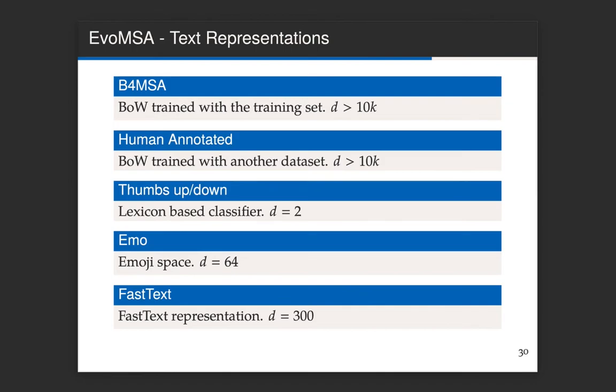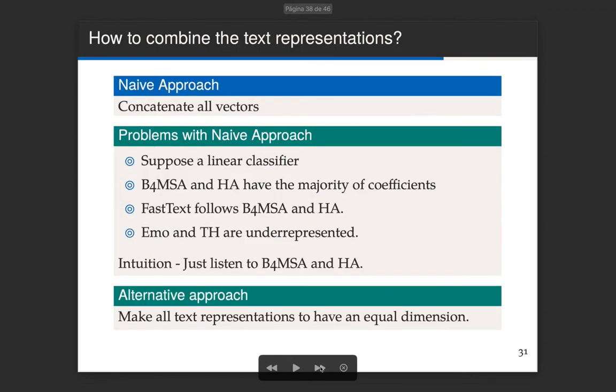So how can we combine all these representations? Well, the naive approach is just to concatenate all the vectors. But let me talk about this naive approach. Suppose we use a linear classifier. Then the bag of words models and the human annotated data set have the majority of coefficients because they have more than 10,000 coefficients.